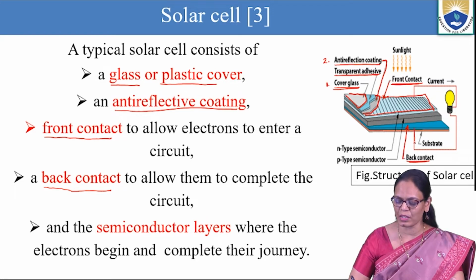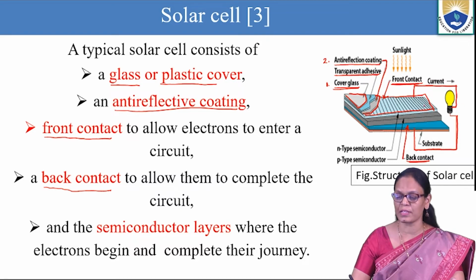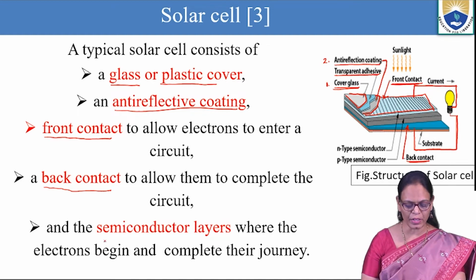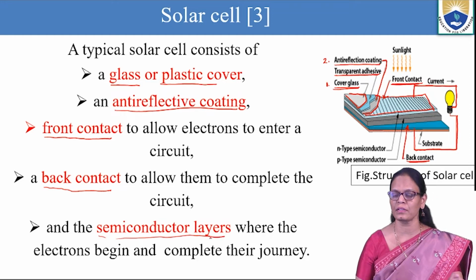So if you see here, the circuit is connected like this. Whenever we have to capture the current, we need to complete the circuit. So we are connecting it from the front contact to the back contact. And if you connect a load here or a lamp here, you can see the current. And then the semiconductor layers. We have different semiconductor layers.